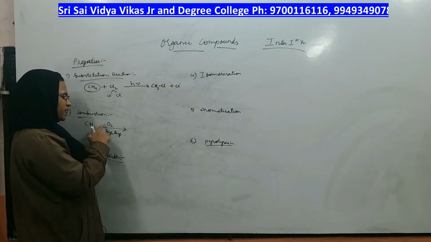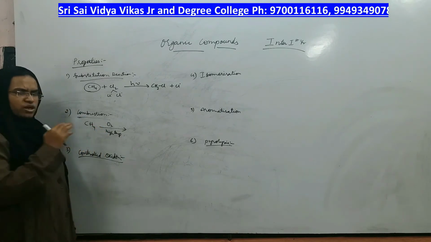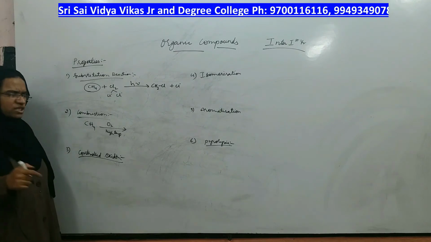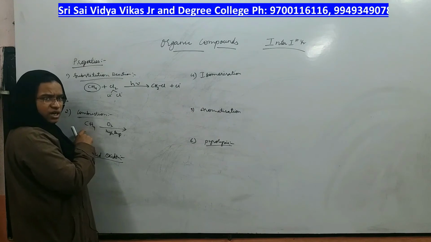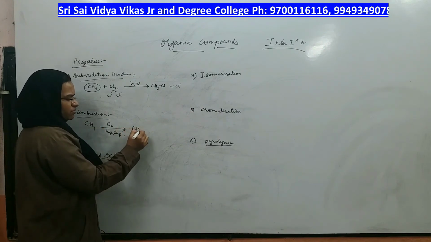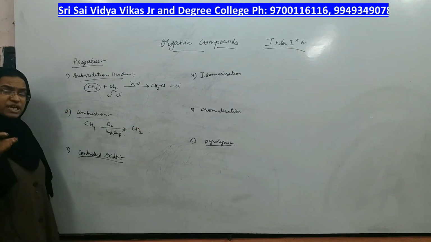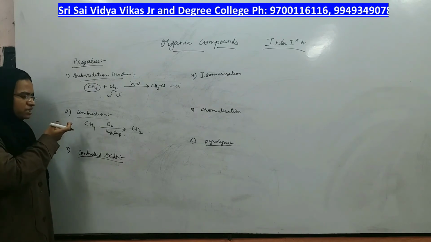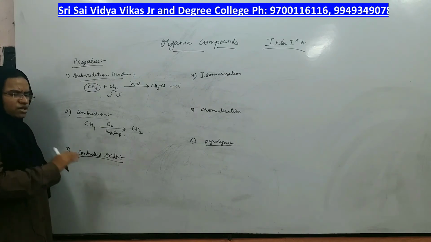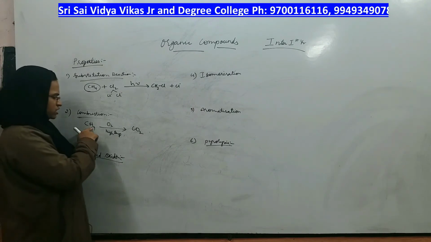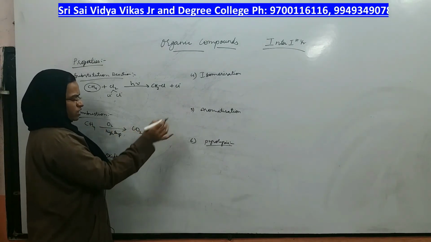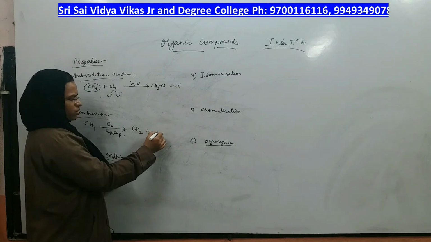Alkanes will react with oxygen to undergo complete oxidation, and how many carbons are there in the alkane? That many carbon dioxides will be formed. Complete oxidation is taking place here. In the product, you will not see any hydrogens left. How many hydrogens were there here? 4.